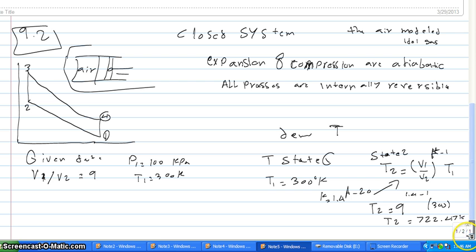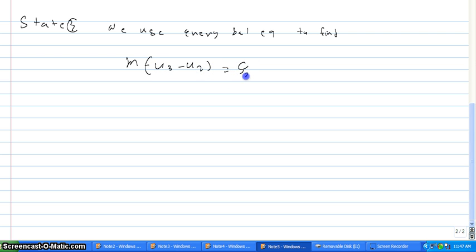Now I'm going to a new page and I'm going to solve state 3. In state 3 we have to use the energy balance equation to find the T. So we know that m times (U3 minus U2) equals heat transfer 2 to 3 minus work 2 to 3.